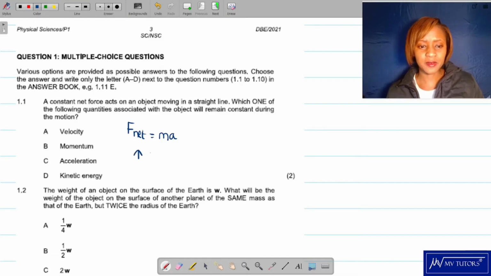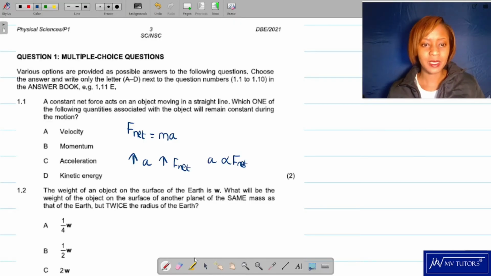If you increase the acceleration, you definitely increase the resultant force or the net force, because acceleration is directly proportional to the net force. Alright, so here then we would pick C, which is acceleration.